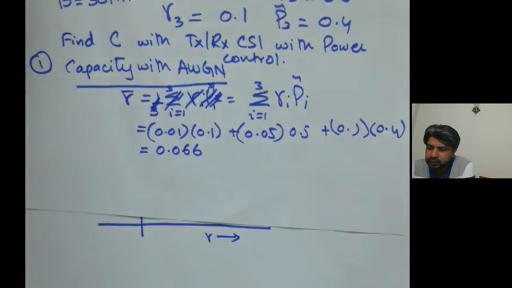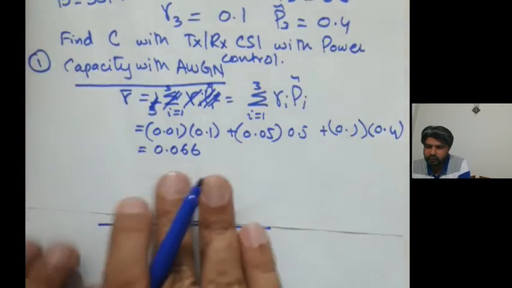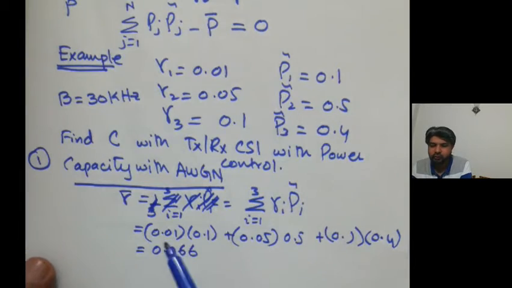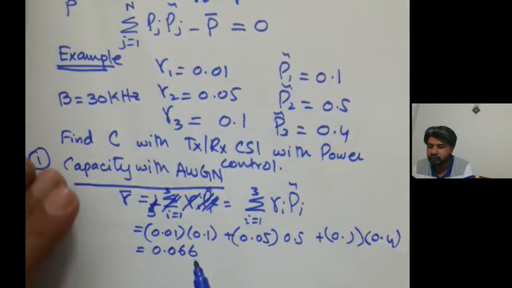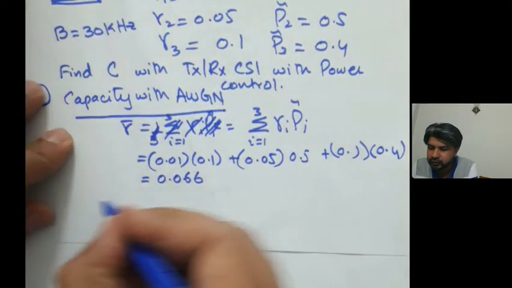That is the average signal to noise ratio for these conditions, right? Remember, you're given these conditions, and if you compute gamma bar under these conditions, this turns out to be your average signal to noise ratio. Now we have this average signal to noise ratio. We can compute the capacity of the AWGN channel under this average SNR.